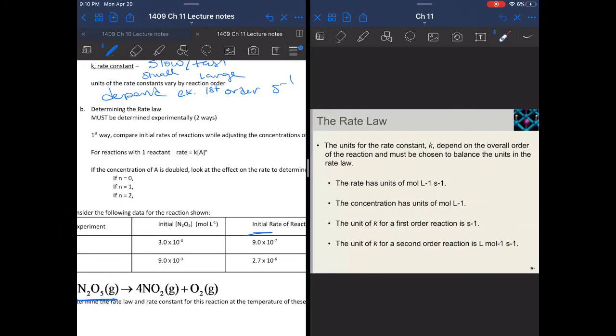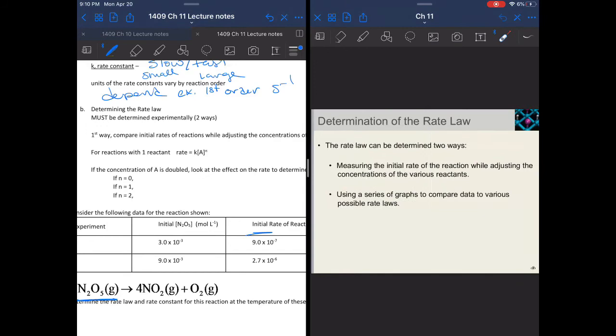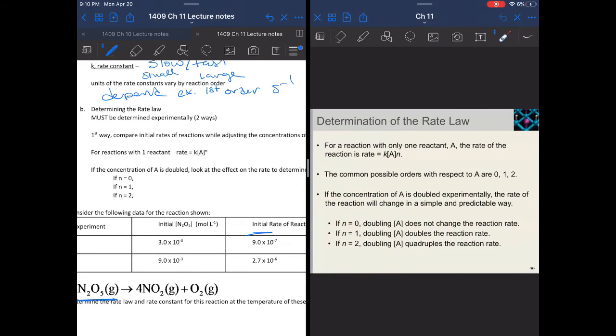So to look at our examples, though, first we're just going to look at measuring graphs. Here we go. We're going to look at this very, very simple rate law where you only have one reactant. We're going to look at the effect on the rate if the concentration is doubled. But we could triple the concentration, we could half it. We're looking at the relationship between what we do to the concentration of A and what happens to the rate.